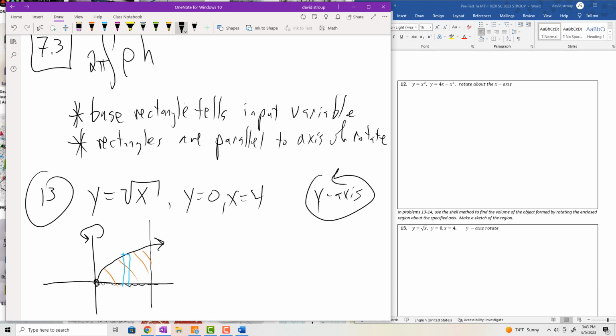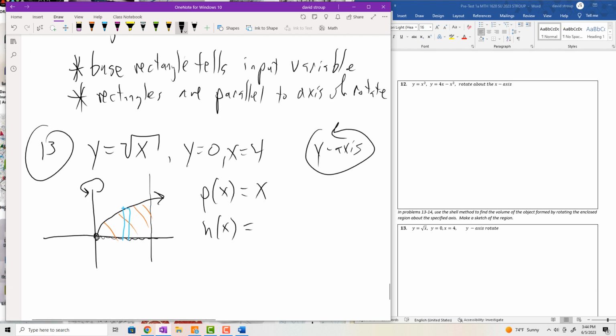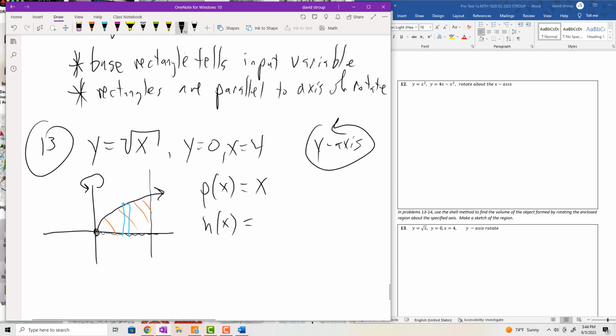The base is on the x-axis, so our formulas need to be in terms of x. For x and y-axis rotations, rho of x is x, rho of y is y, so here is just x. And then the height is the height of the rectangle. So in this case, that's just given by the function square root x. So Riemann person is running across the x-axis again from 0 to x equals 4.